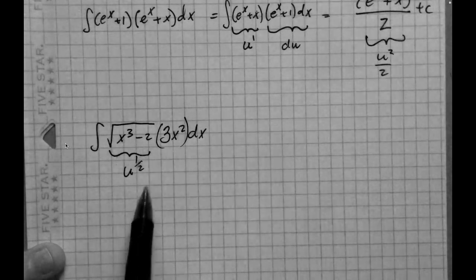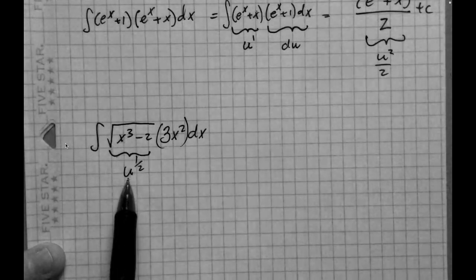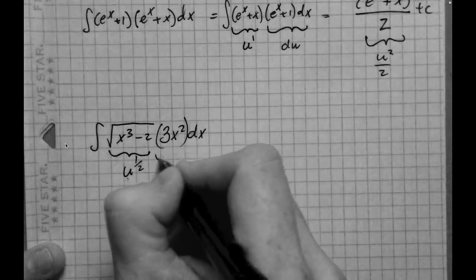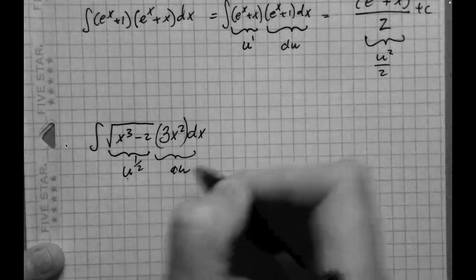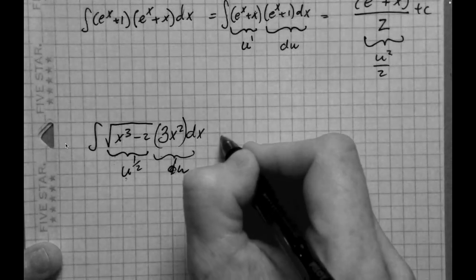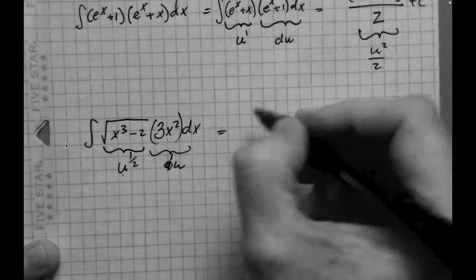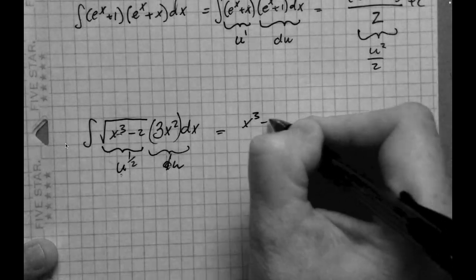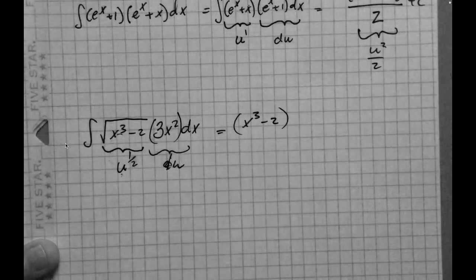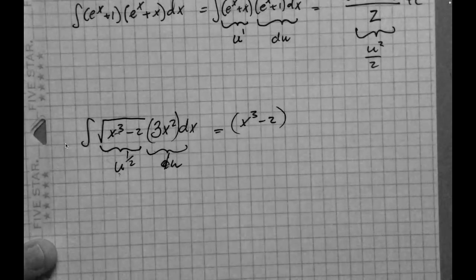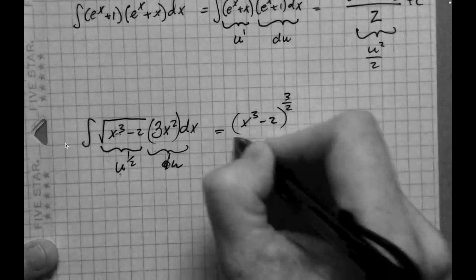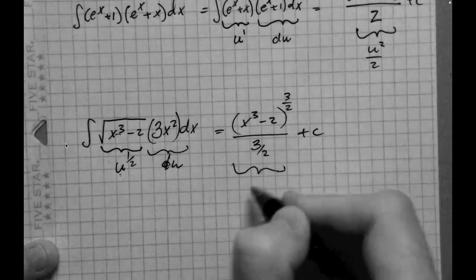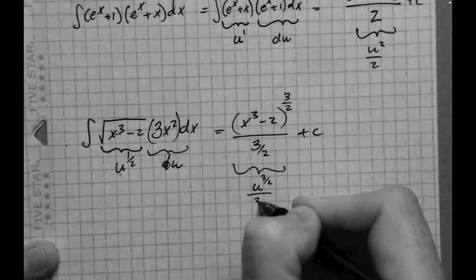If u is x cubed minus 2, then the derivative of that is 3x squared dx, and so this would be your du part. And so the integral here would just be whatever u is, x cubed minus 2, raised to, instead of 1/2, 1 more than that, so it'd be 3/2, over 3/2, plus c. So this would be u to the 3/2 over 3/2.